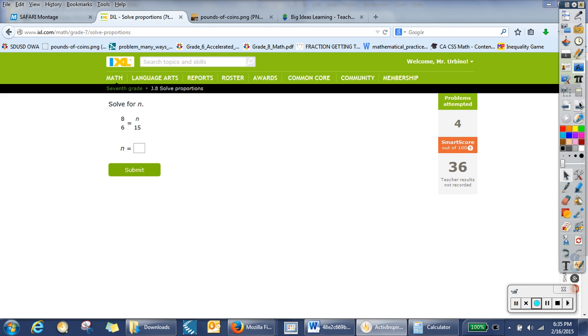Alright. Now, let's take a look at this. 8/6 and n/15. This one, I'm just going to use cross multiply. Why not? Cross multiply for this one. If I want to use cross multiplication for this problem, I'm just going to do this. 15 times 8 is equal to 6 times n.